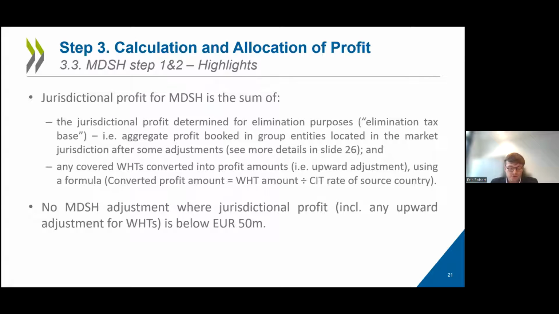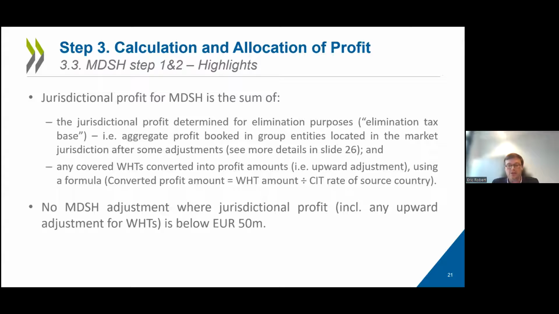And here maybe just worth clarifying a bit what the approach is. So first, the suggestion here is that those withholding taxes, those covered withholding taxes, which apply to cross-border deductible payments, are a first level of taxation of corporate profits.